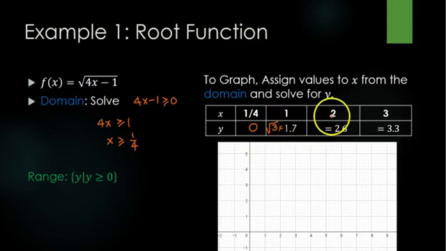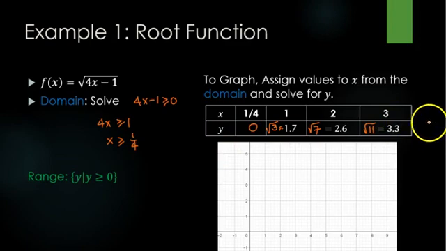And then when x is 2, you have square root of 4 times 2, which is 8 minus 1, so this is square root of 7. And then this one would be square root of 11. As you can see, as we keep on increasing our x value, the y value starting from 0 will also keep on increasing.